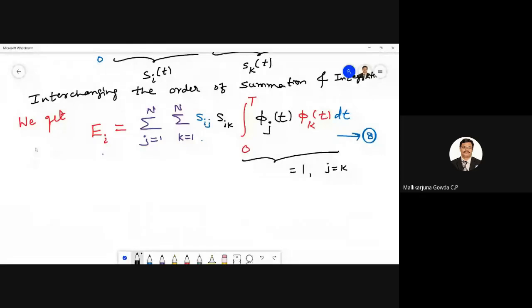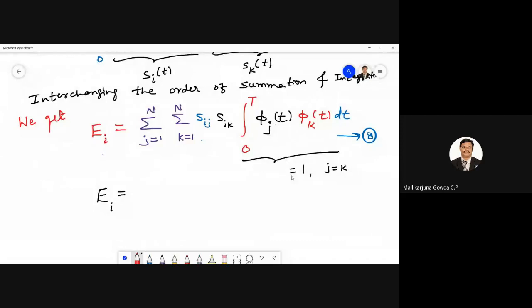So with the orthonormal property of these basis functions, what can I write? When j equals k, what can I write for this summation? Summation j is equal to 1 to n, Sij whole squared into integral 0 to t phi j of t whole squared dt. Already here it is j equal to k, so their product will be equal to 1.